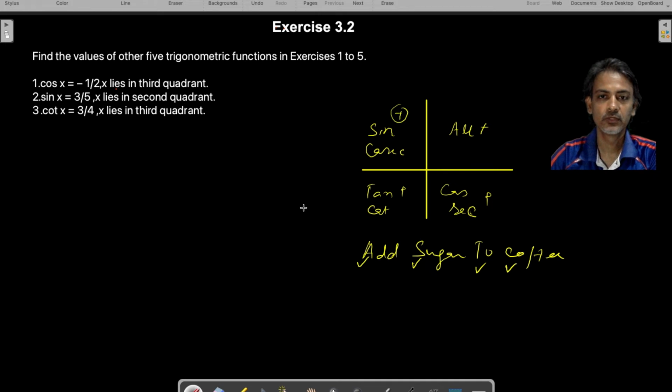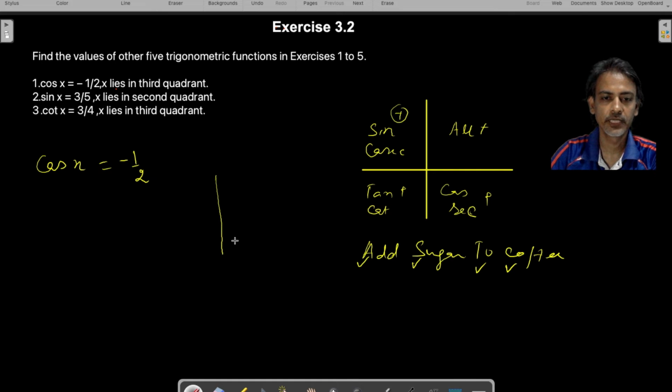All right, now that we have talked about the rule, let's discuss problem number 1. Problem number 1 says cos x is minus 1 by 2 and theta is in the third quadrant. Just for our understanding, let's draw the coordinate system as well.